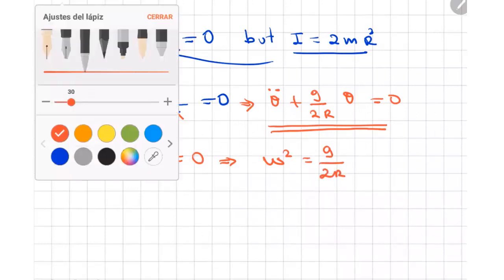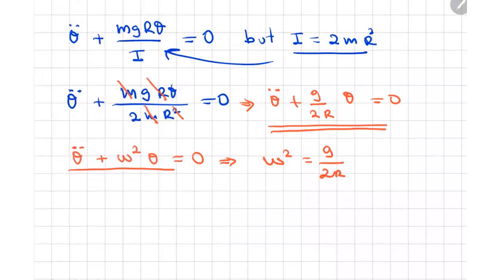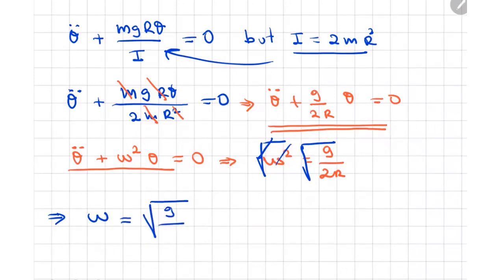And if we take the square root on both sides of the equation, omega is equal to the square root of gravity dividing 2r, and this is the natural frequency of the oscillations.